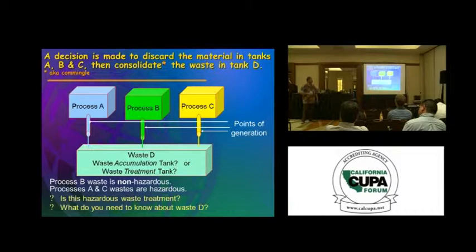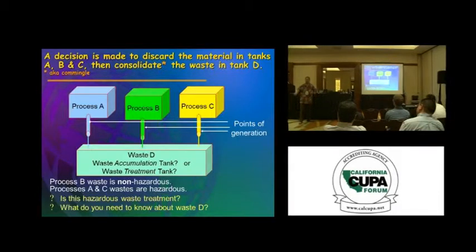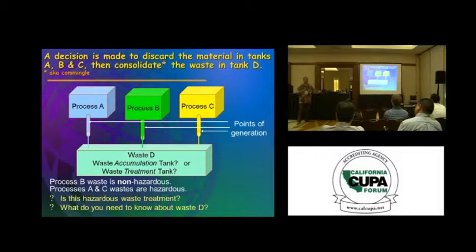Well, another question is, how consistent is the process of discharging these three tanks into the waste? Does it happen the same way, the same volume every time? Or sometimes we do more B and C tank, or A and C tank, or A and B tank. Then that's going to be a variable waste stream in here, and that may change the nature of the treatment.